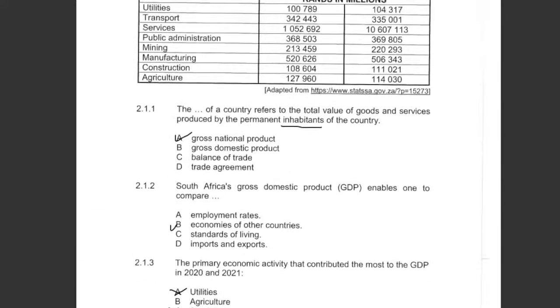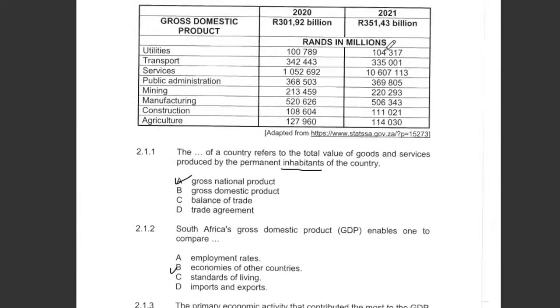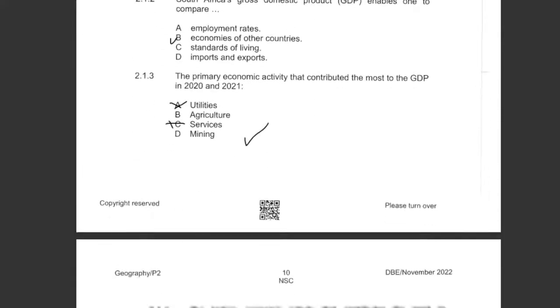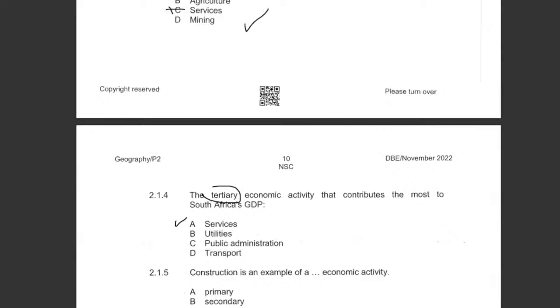So we come here, we look at those services. This one is 10, this one 3,342, this one is 1 million. When you look at those, public administration is 300. Which one has the biggest number? So we look at service as the best option.